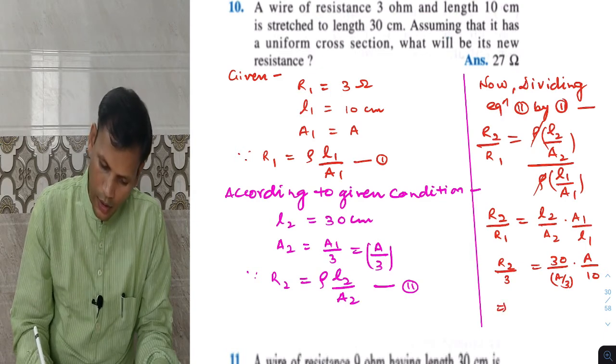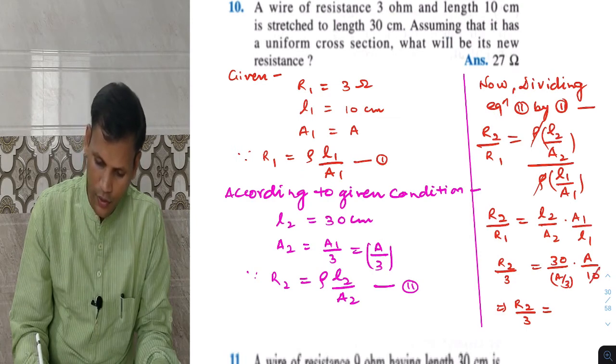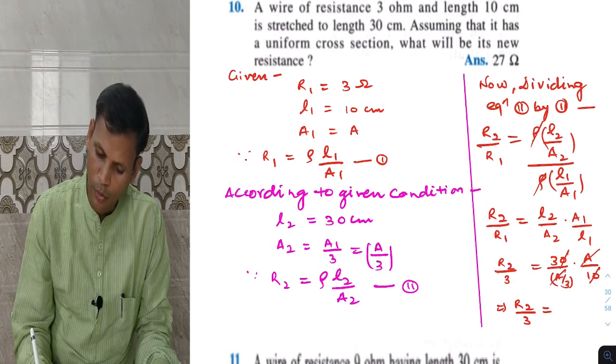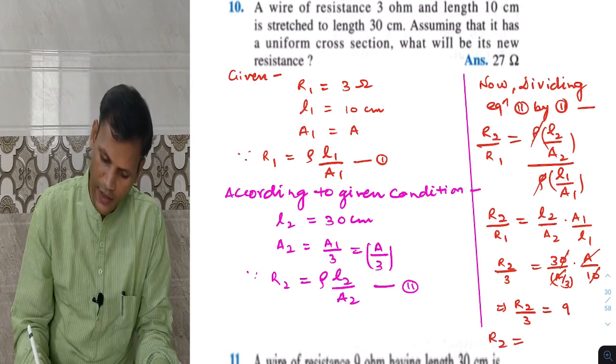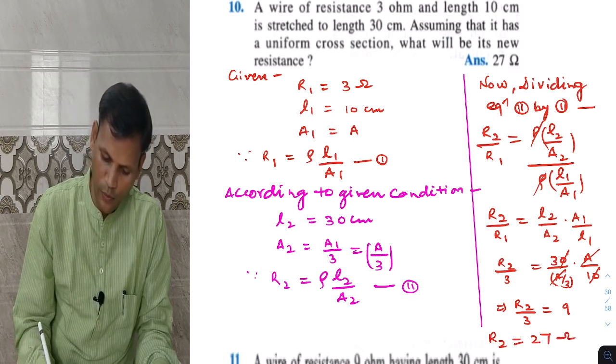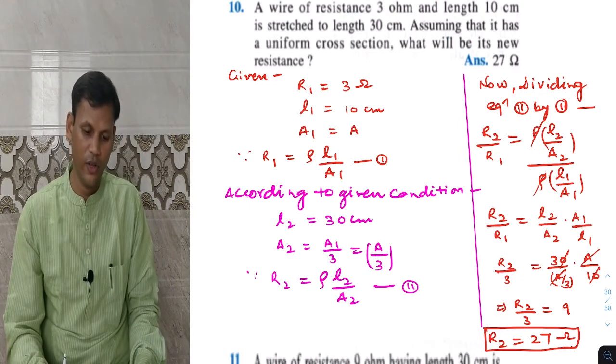So R2 by 3 is equal to, this 0 gets cancelled, A cancels with A, 3 will move up, 3 3s are 9, so it will be 9. So R2 becomes 9 3s are 27 ohm. This is the final answer for this question.